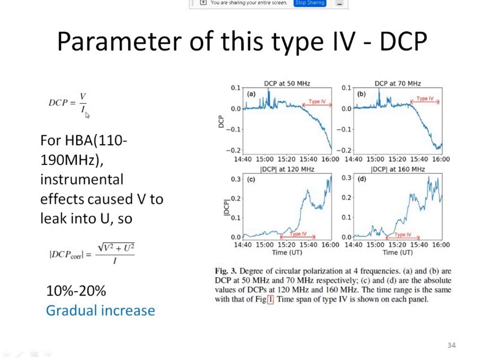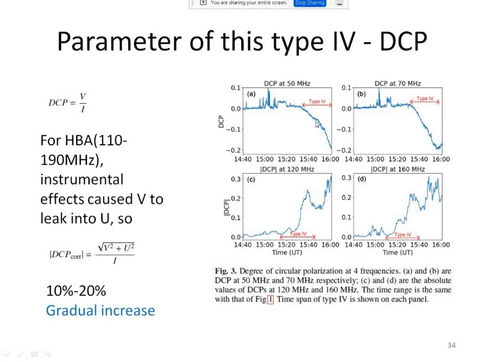As you know, DCP is V over I. For HBA, which is the lower 2 panels, the instrumental effect caused V to leak into U. So we used the correction of the square root of V squared plus U squared over I to correct the DCP. But we actually lose the sign.